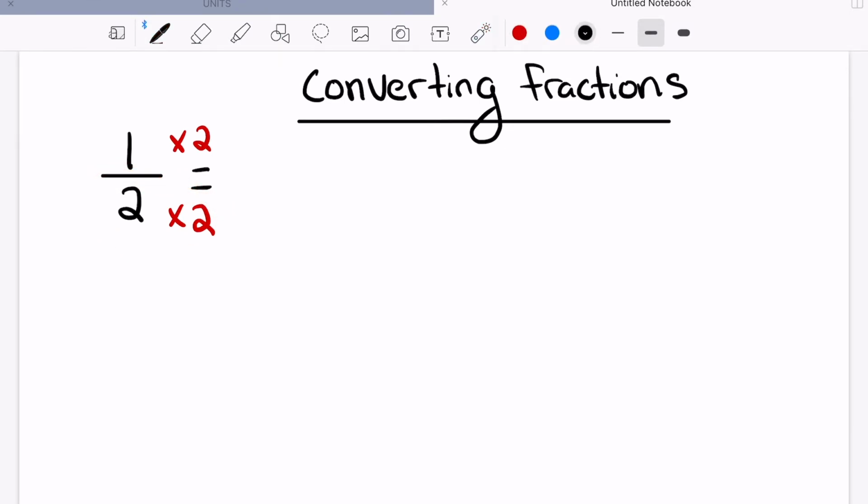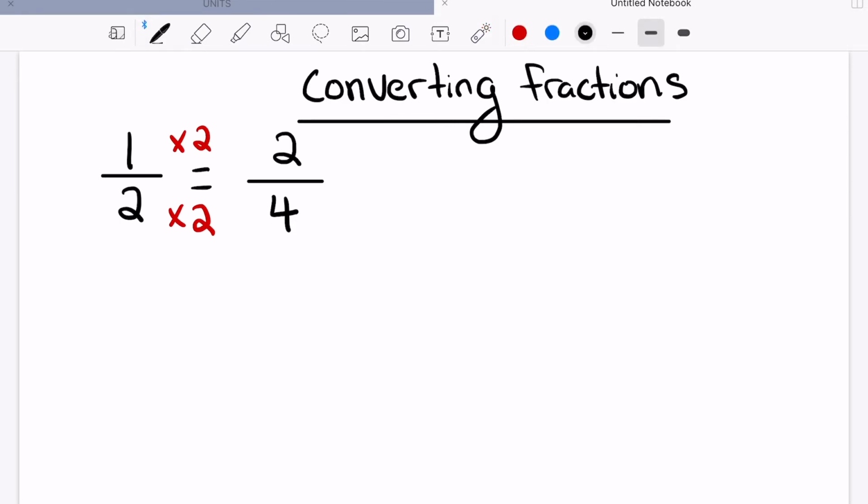So 2 times 1 equals 2, and on the bottom, 2 times 2 equals 4. So 1/2 and 2/4 are the same.